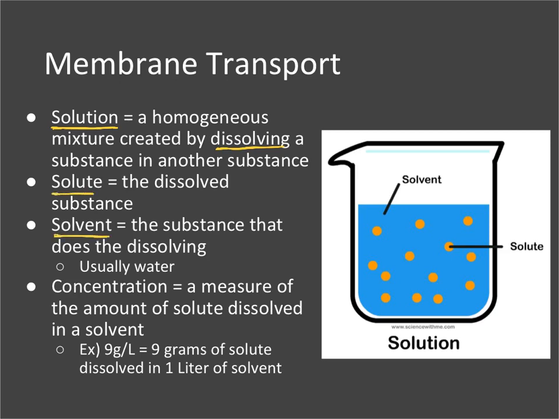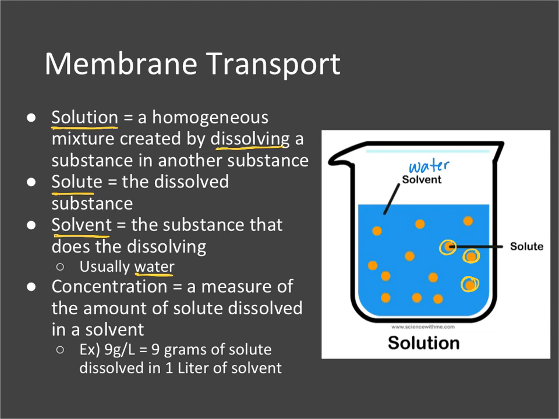Essentially, the solute is the thing that is going to be dissolved inside the solvent. The solvent is usually water or some sort of liquid, and the solute is usually something that is solid, although there are exceptions to this because you can also dissolve oxygen in water. But for the sake of this discussion, we're going to consider the solvent to be primarily water, and the solute is going to be something that is dissolved in water.